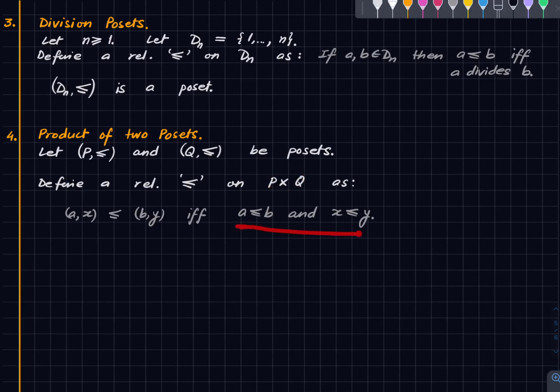Then you can check that this gives a partial order on P cross Q, and this is called the product of two posets. So you can build new posets out of old posets just by taking products.